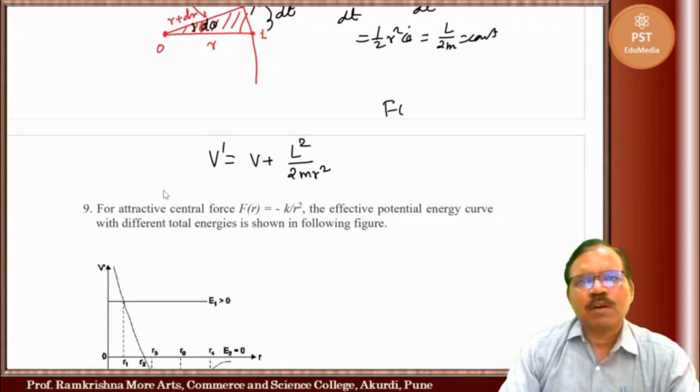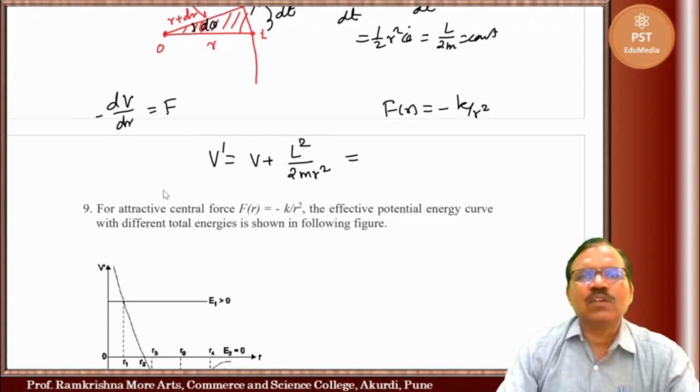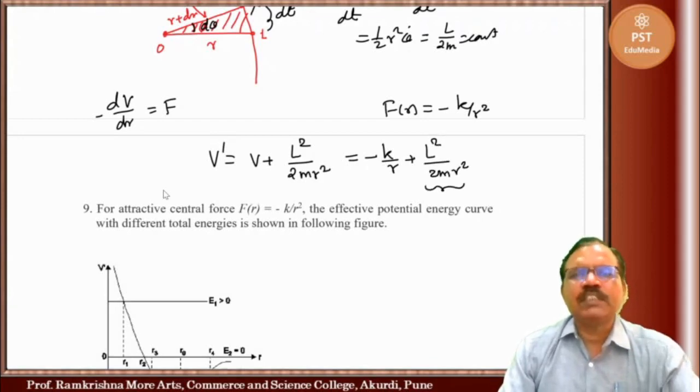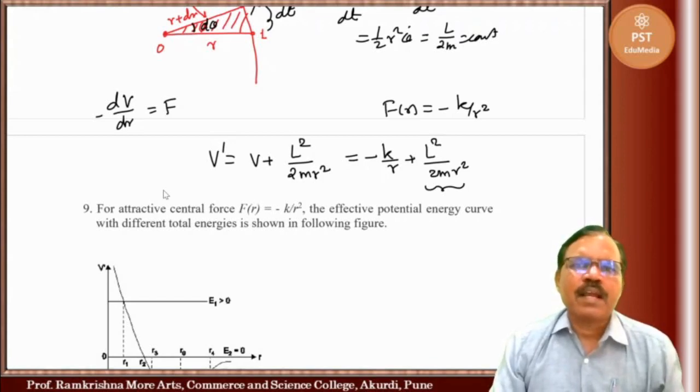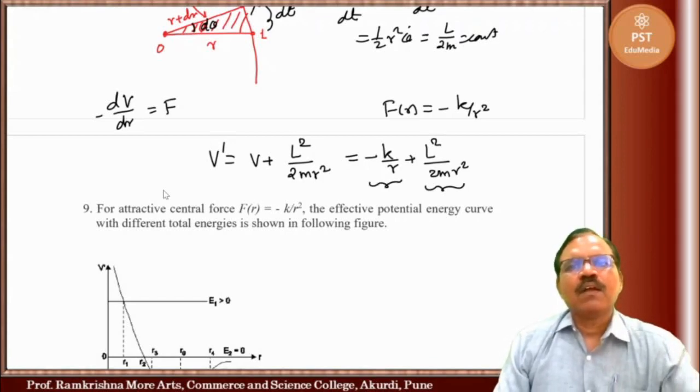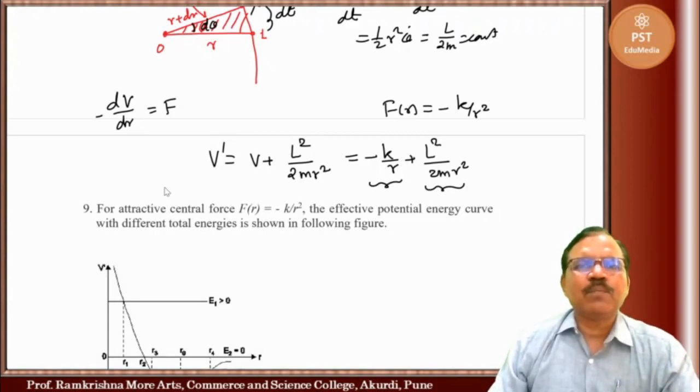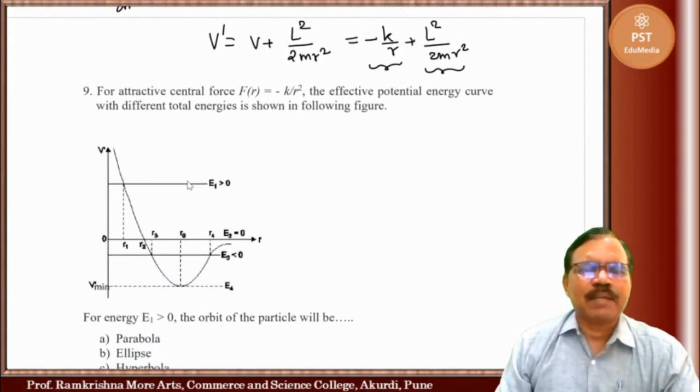Suppose F of r is equal to minus k by r square, and with minus dV by dr equal to F, we get V equal to minus k by r plus L square upon 2mr square. This second contribution is due to angular momentum, and the first is potential. So if we plot this effective potential with distance, you will get a graph like this.